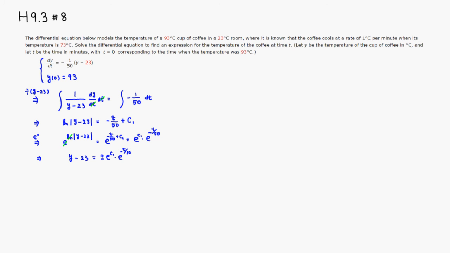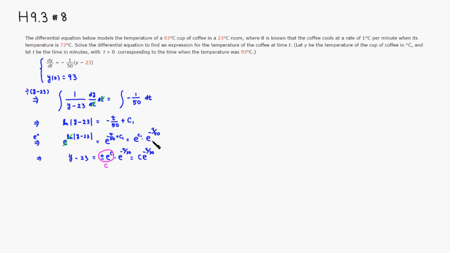Since plus or minus e to the C1 is just going to be a number anyway, there's no need to put such a complicated expression. So I'm going to call it just C. So this is going to be C times e to the negative t over 50.